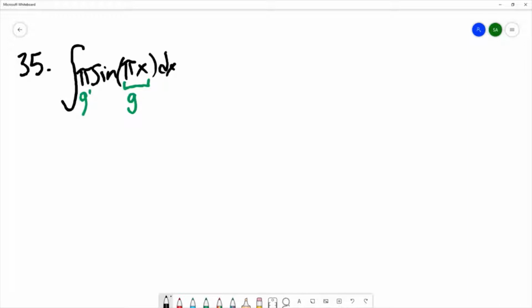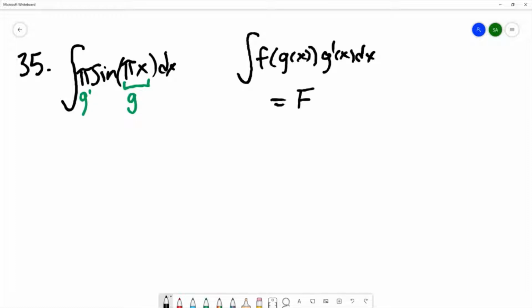So let me remind you that composite rule looks like this. You have the indefinite integral of f of g of x, g prime of x, dx. And the antiderivative of that will be big F, where big F is the antiderivative of f, and we have that inside function being the same, plus our constant.